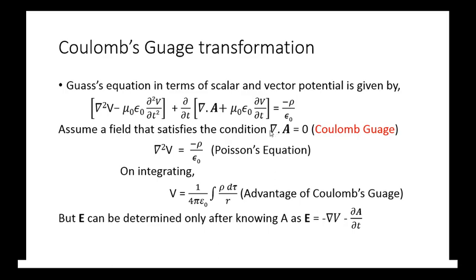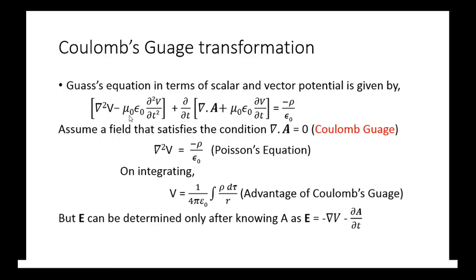Now, assume that there is a field that satisfies the condition del dot A is equal to 0. So what happens to this equation if del dot A is equal to 0? Del dot A is equal to 0 means that this term will get cancelled and this term will be mu 0 epsilon 0 dou square V by dou t square.